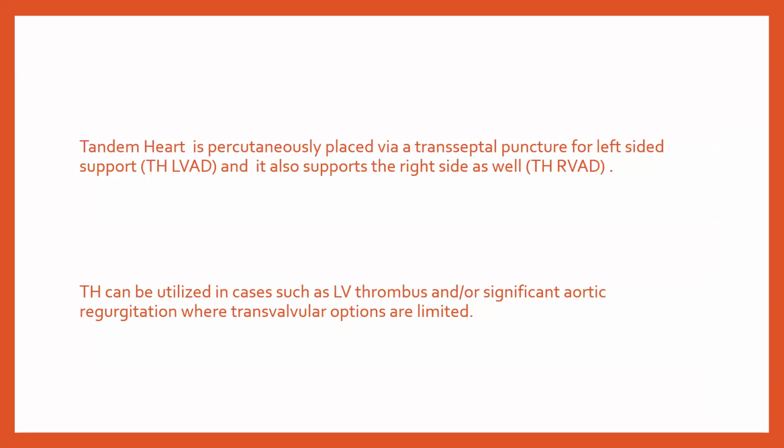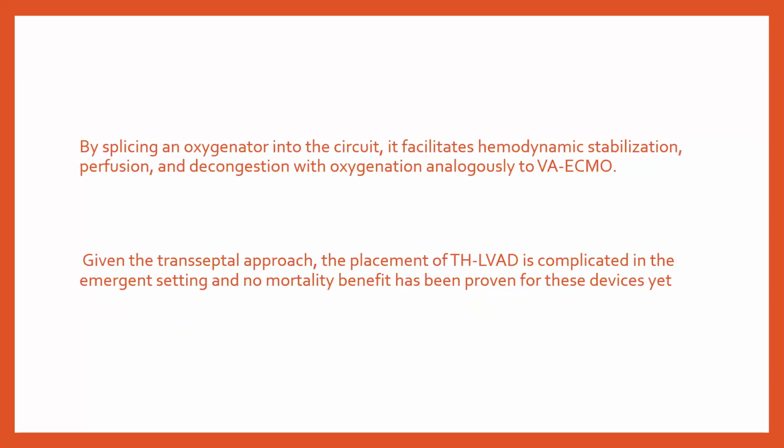Now, this TandemHeart is percutaneously placed via transseptal puncture for left-sided support, and it supports the right side as well. So TandemHeart can be utilized in cases such as left ventricular thrombus and significant aortic regurgitation where transvalvular options are limited.